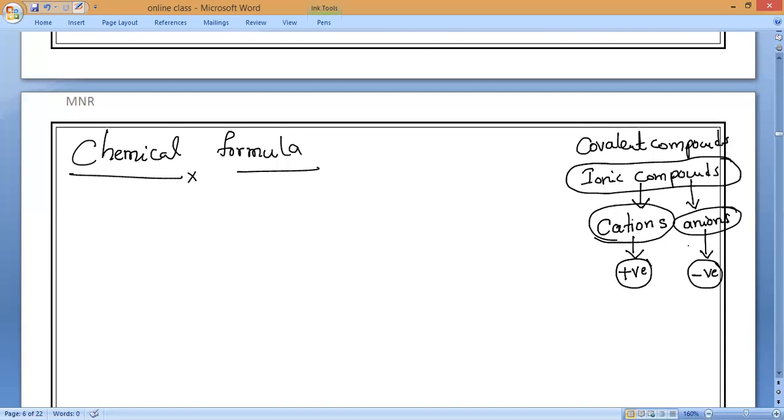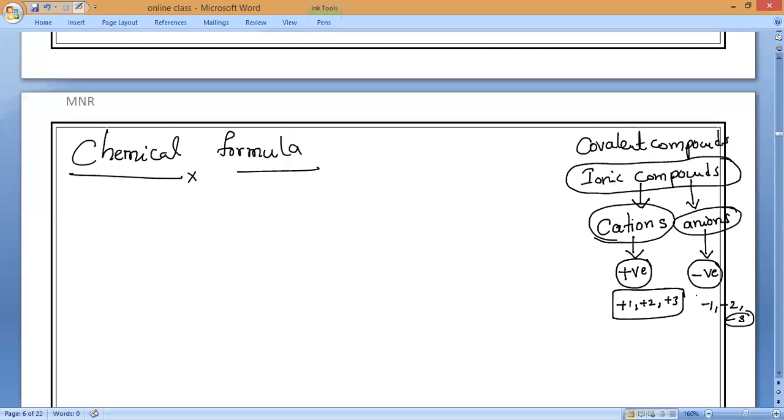The maximum charge shown by a cation is either +1, +2, or +3. In the same way, what is the charge shown by anions? You have seen already. -1, -2, or -3.